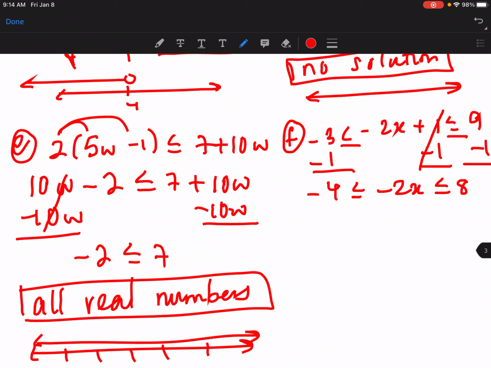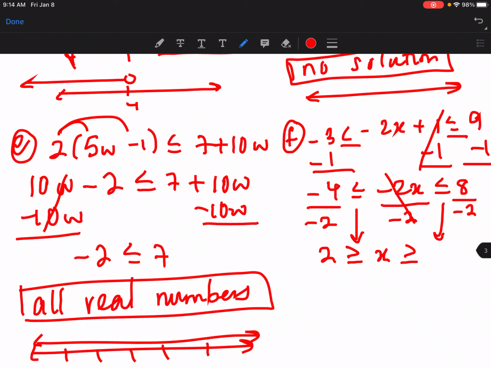Then lastly, we will need to divide all of this by negative 2. Negative 4 divided by negative 2 is 2. Every time I divide something by a negative, I need to change my sign. So this is greater than or equal to x, and change this sign to greater than or equal to 8 divided by negative 2 is negative 4.